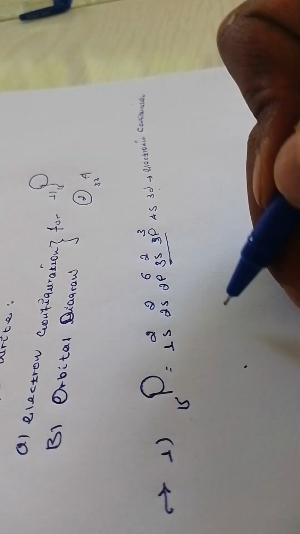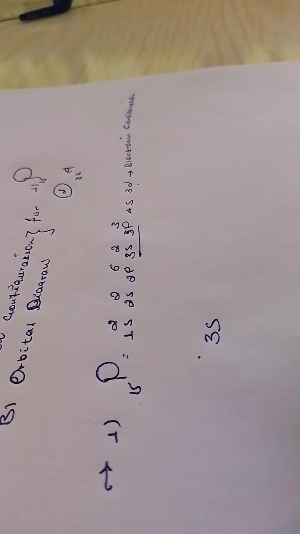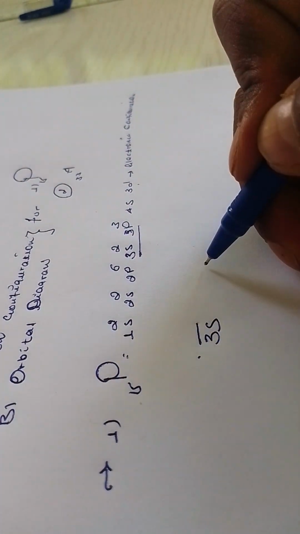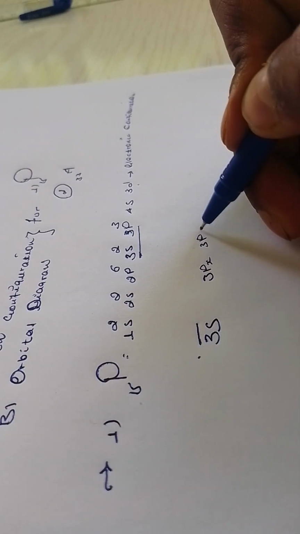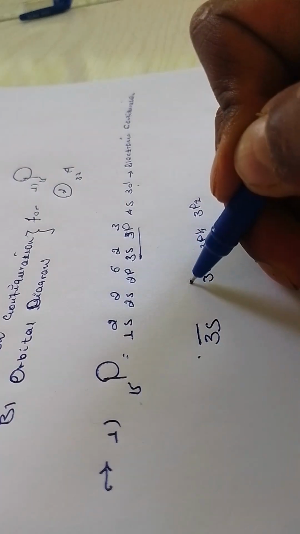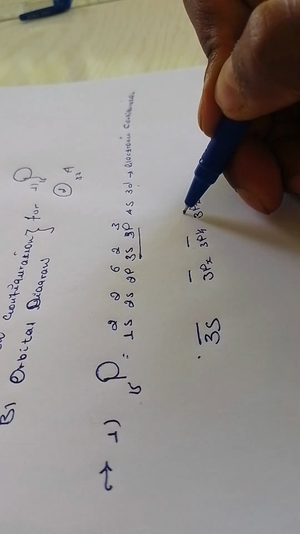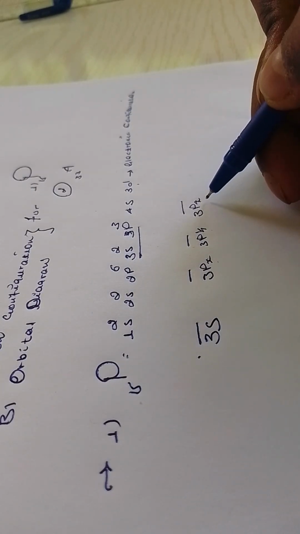Then the orbital diagram shows 3s electrons, and 3px, 3py, 3pz electrons, with orbitals oriented along the x, y and z directions.